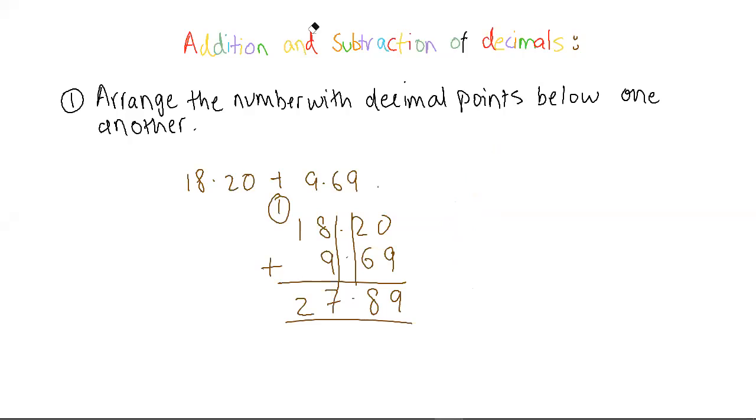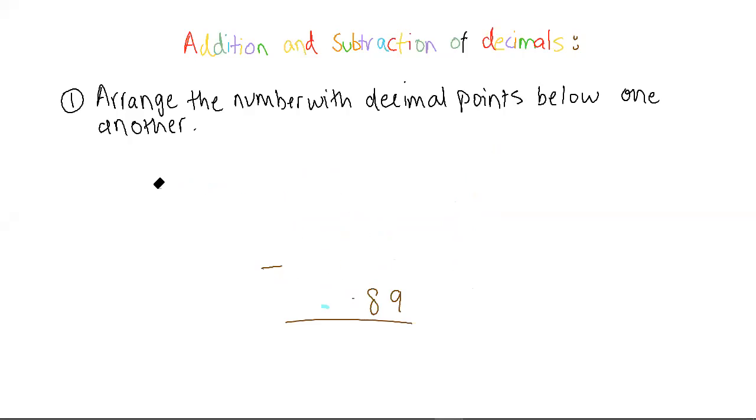But the only thing is that 0 can never get carried over. Okay, so I'll try to do another example, one last sum, and then we'll move on to the next rule.